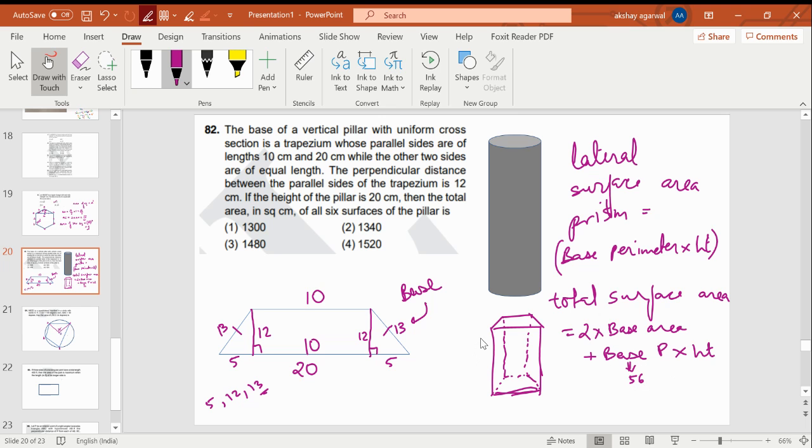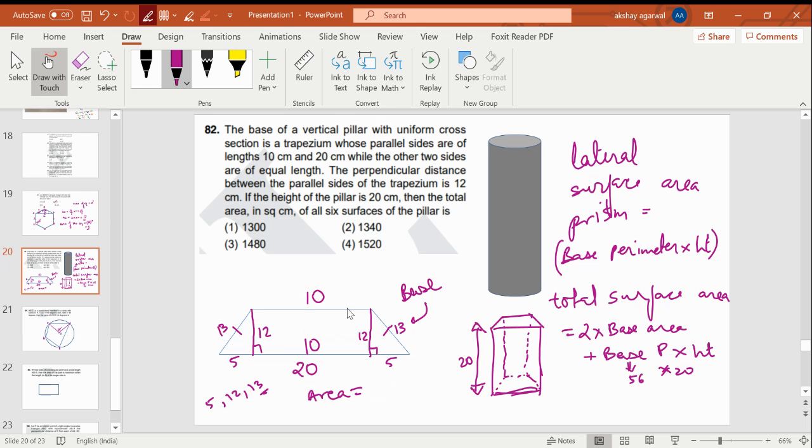56. Height of the trapezoid, height of the prism that we have is 20. So this height is 20. This is for one part and 2 into base area. So area of the trapezoid, area of the trapezium is how much?